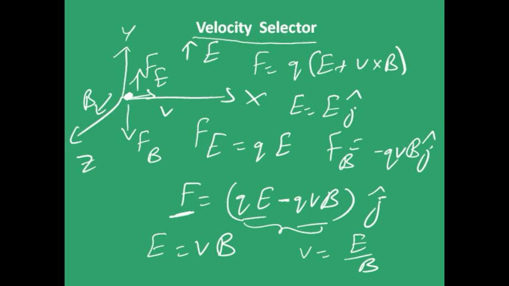Now note this, if I have many particles here and each particle has a different velocity, some like this, some like this, some with a bigger velocity. Now I want to separate the particles which have a certain velocity v from all these particles. So I'll take advantage of the above situation.